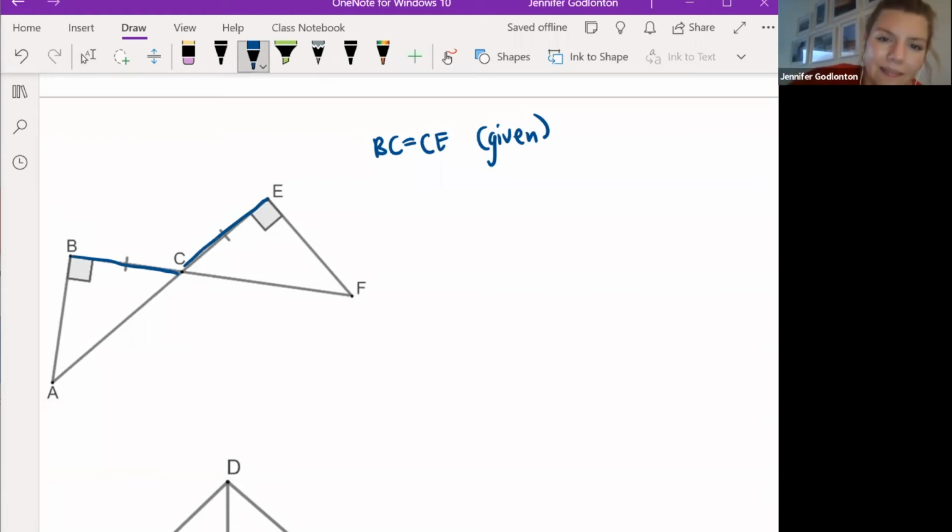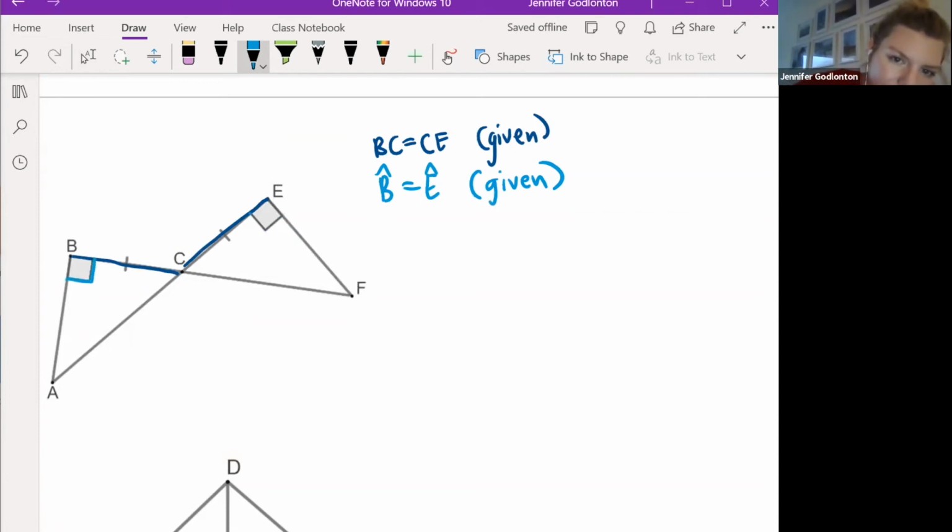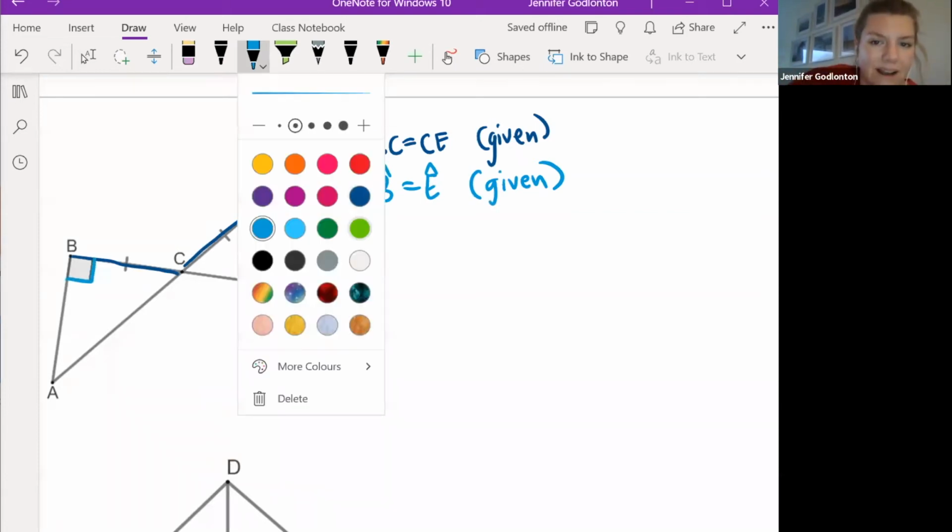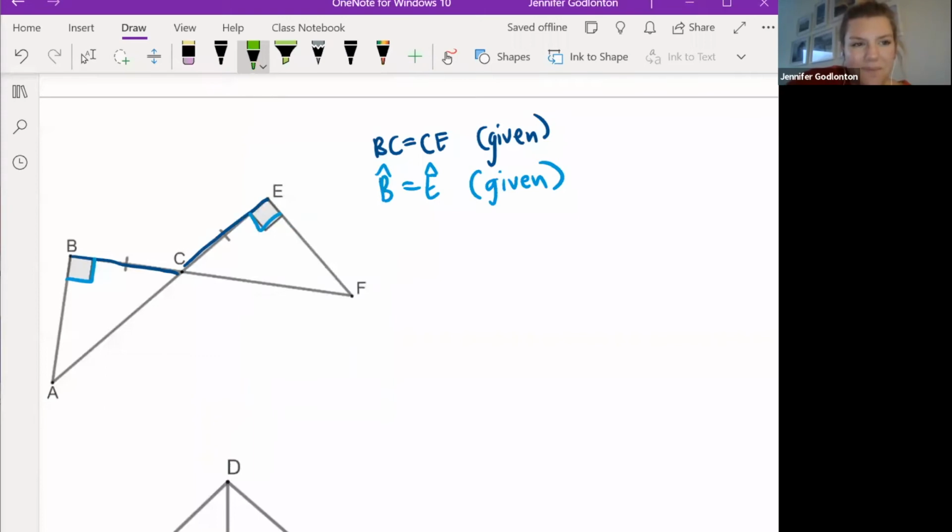Angle B equals angle E. Good. And that's also just given to us. Okay, given. Good. And now we need to find our third one. I don't have the last one, ma'am. Okay.